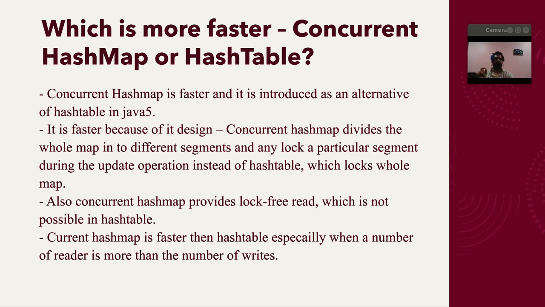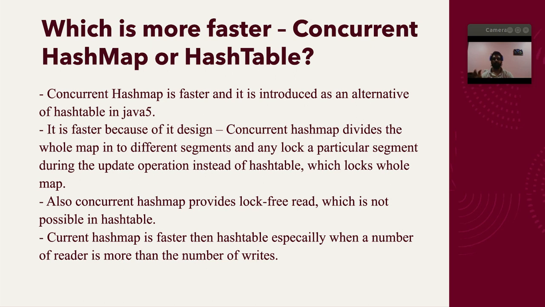But in ConcurrentHashMap, with 16 segments, 16 threads can operate on it, because the 16 locks are on the particular segments or buckets, not on the whole object.